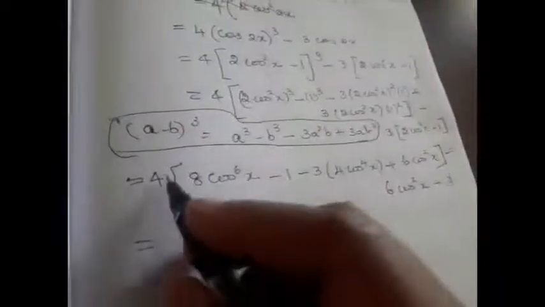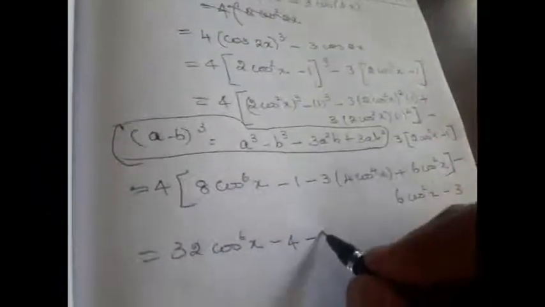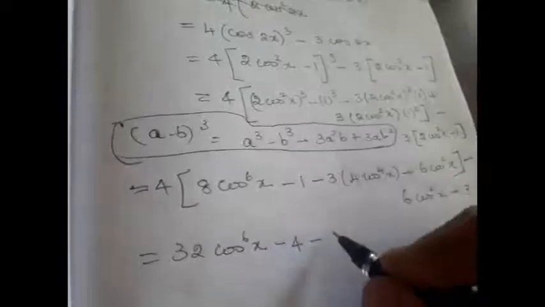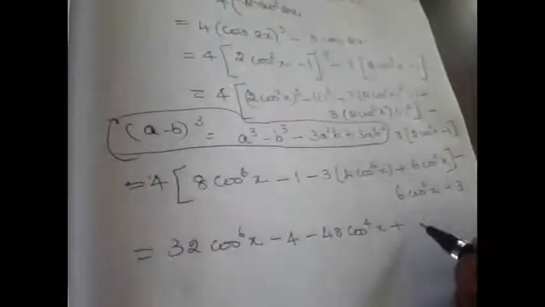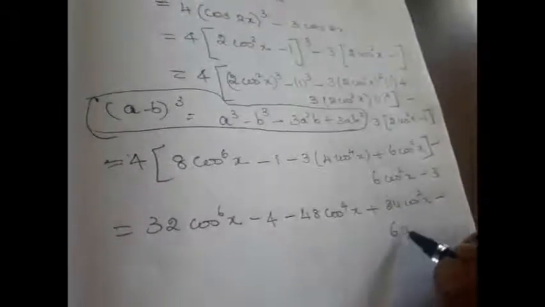Now remove the brackets. 4 8s are 32 cos power 6x, minus 4 1s are 4, minus 4 3s are 12, 12 4s are 48 cos power 4x, plus 4 6s are 24 cos square x minus 6 cos square x. See, here we have a bracket for this minus, remember. So minus cos square x, minus into minus, it will become plus 3.